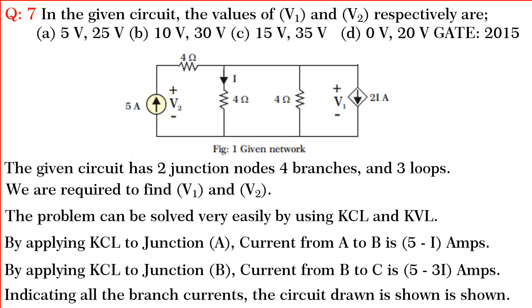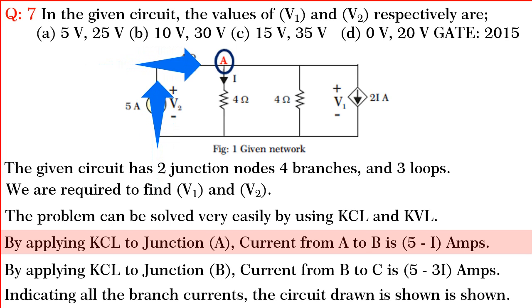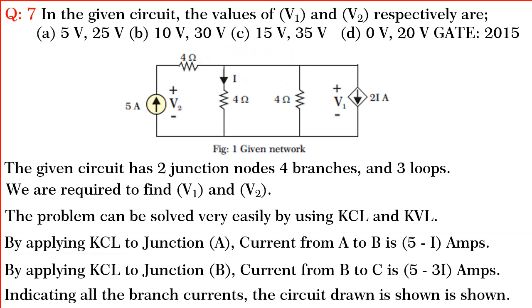Observe the network. Consider node A, 5 ampere enters A and I amperes leaves A. So, by applying KCL to node A, we get current from A to B is 5 minus I amperes.